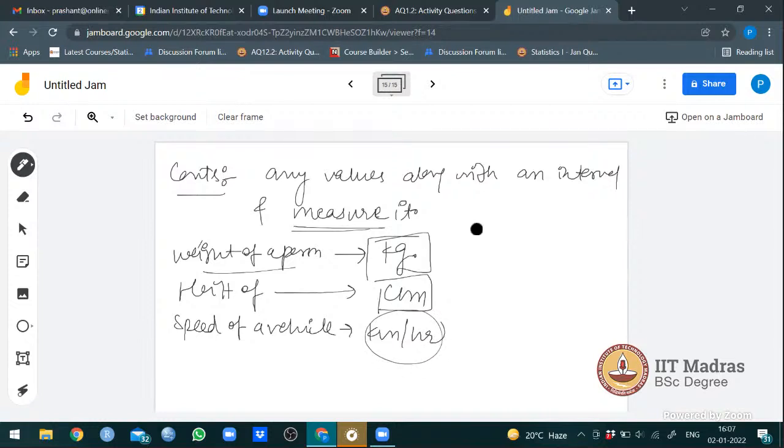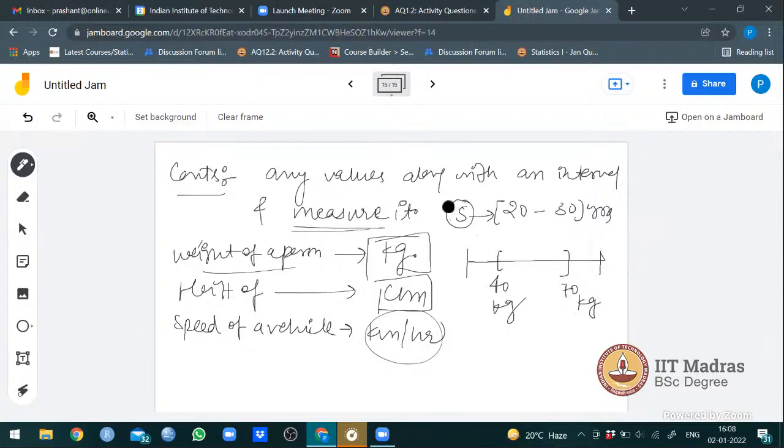Right? Suppose I have data of 5 persons, and the age of these 5 persons is around 20 to 30 years. So you have to measure the weight. Generally, for a 20 year old person, the lower limit of weight will be suppose 40 kilogram and maximum 70 kilogram, and you are measuring the weight of these 5 persons.